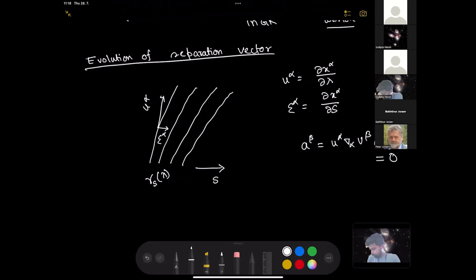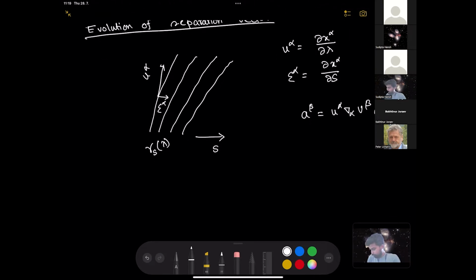So acceleration is 0. So when we derive this congruence evolution equation, basically we first calculate for a general set of geodesics, not putting the acceleration to be 0 exactly from the beginning. And then we can put the acceleration to be 0 to have a more specific equation for the evolution of congruence.